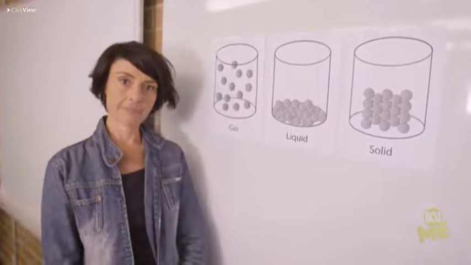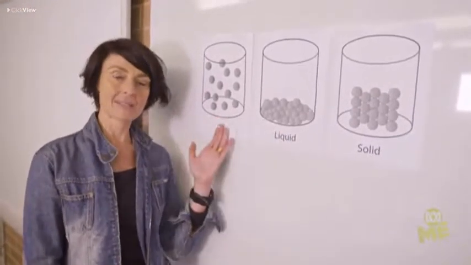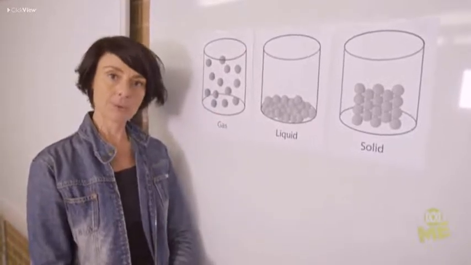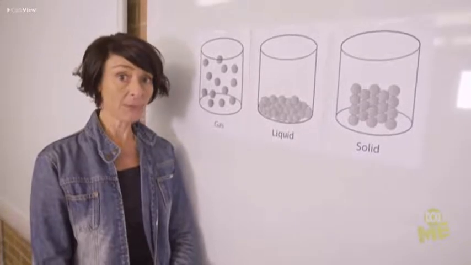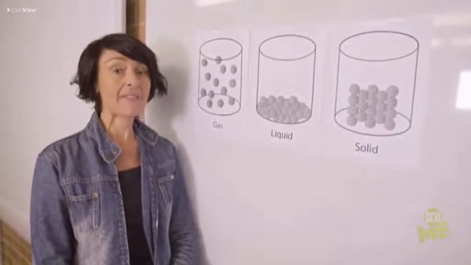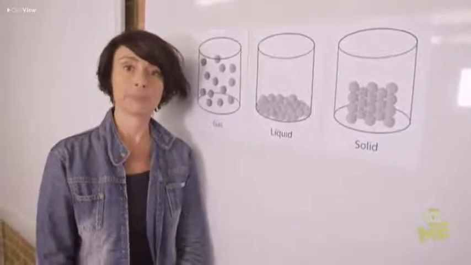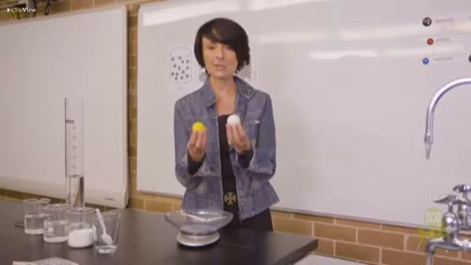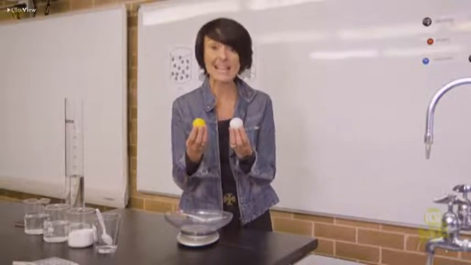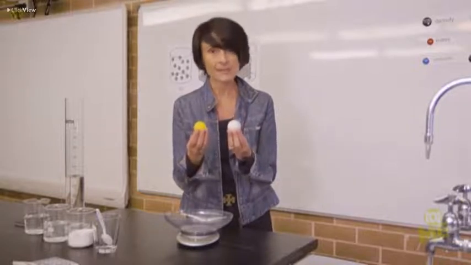Let's recap. All matter, solids, liquids or gases, are made up of particles. The amount of matter an object is made up of is its mass, and the amount of space the object takes up is its volume. So the two balls that we have take up the same amount of space, so they have the same volume, but they have different masses.